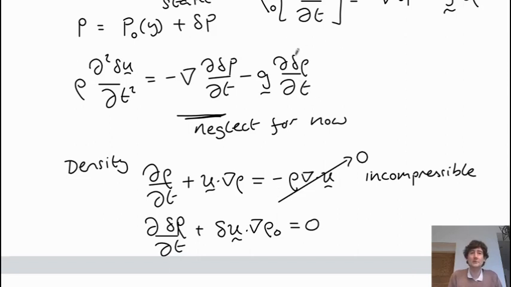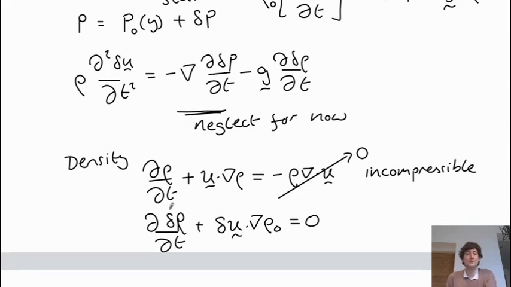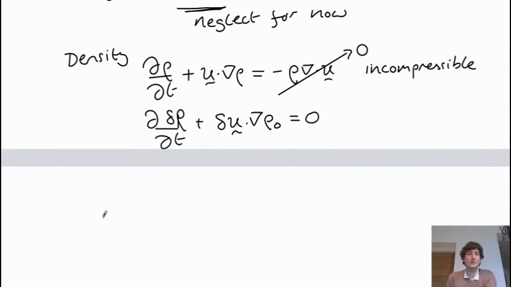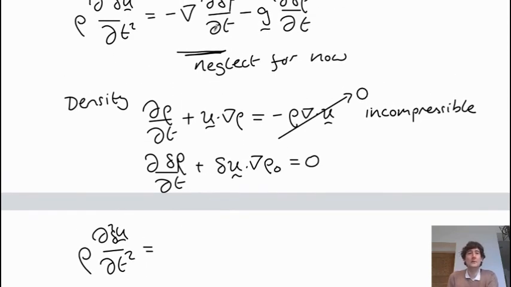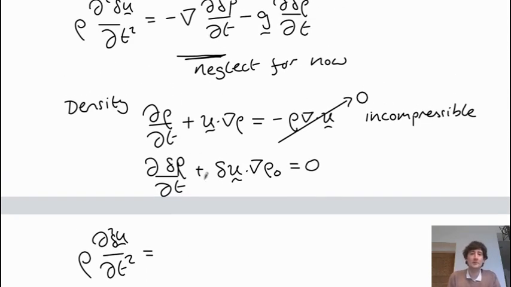Okay, so I have this expression for d delta rho by dt, which you can substitute into the formula up here. So let's do that. We have rho naught d2 delta u by dt squared, and then up here we have the pressure term that we're neglecting, minus, we have a minus g, and then we have this d rho by dt, which is just another minus, so this gives us a plus here.